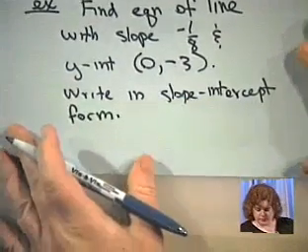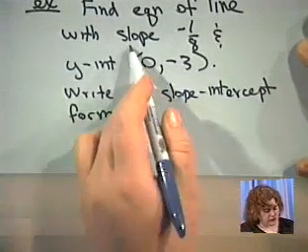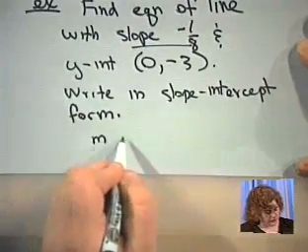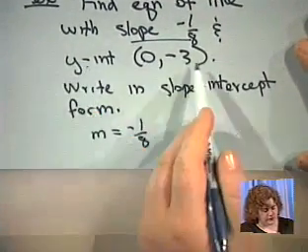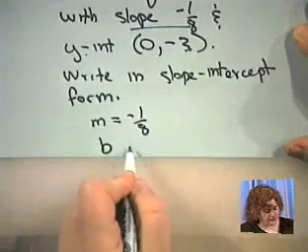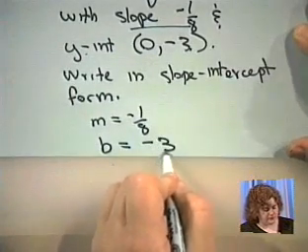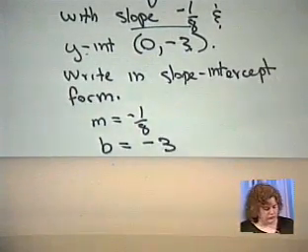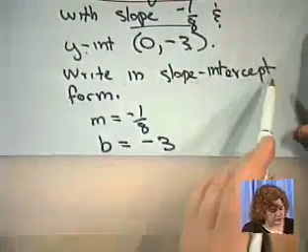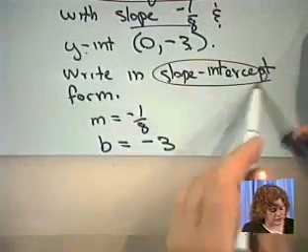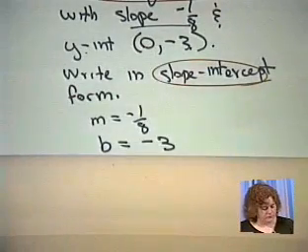Well, we have all the information we need. Slope is 1/8 negative, so m is -1/8. The y-intercept is (0, -3). That tells us our b is -3. I'm going to take just a moment to make sure that I am paying attention to what I'm finding. I'm finding the equation of the line in slope-intercept form.